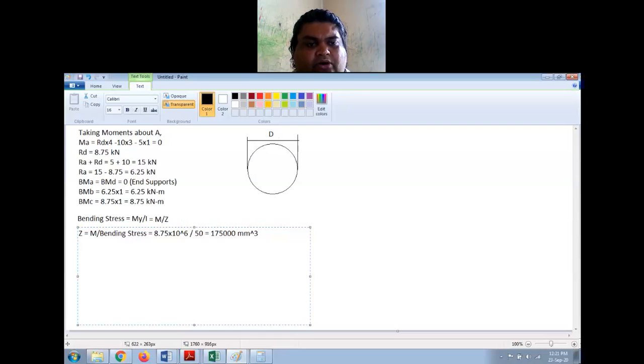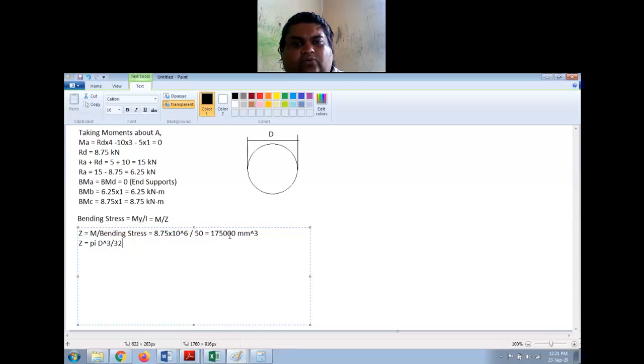Now the section modulus for a circular cross section we have discussed yesterday, pi d raised to 3 by 32, right? I is pi d raised to 4 by 64 divided by d by 2, so it becomes pi d cube by 32, correct?